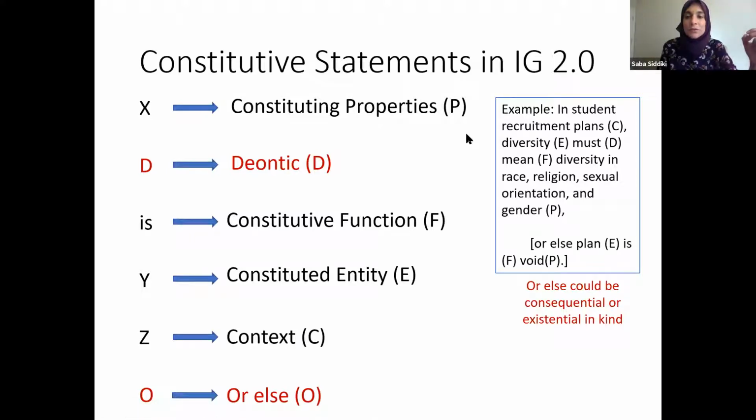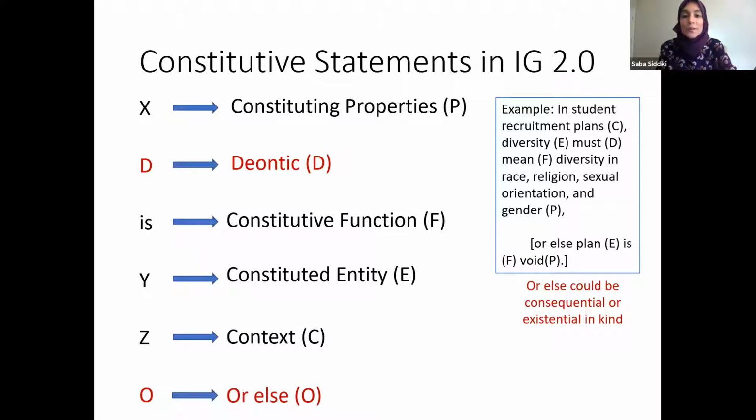Now, we do observe within the constitutive statements something unique about or else's, which is that whereas in the context of regulative statements, we find that the or else value tends to be mostly consequential in nature and an assignation of some kind of payoff according with non-compliance with a particular activity. In the context of constitutive statements, that or else can be consequential or existential in kind.